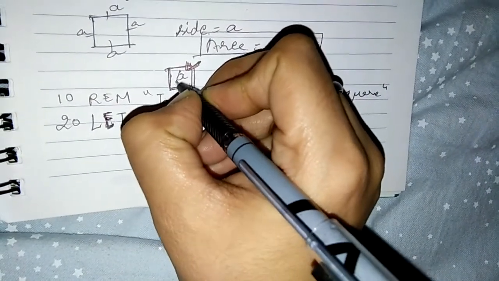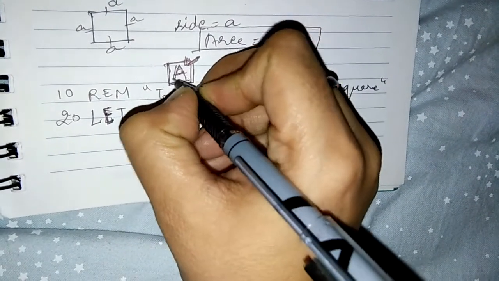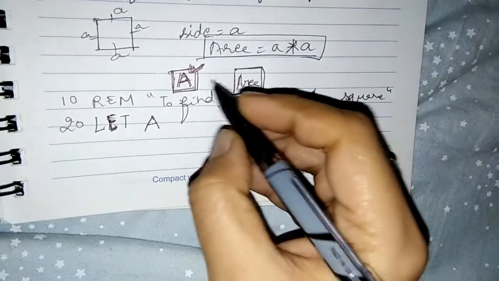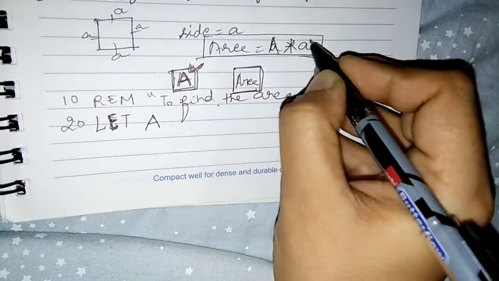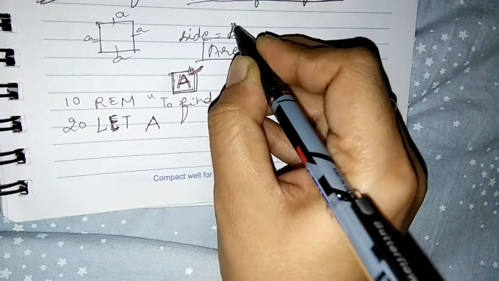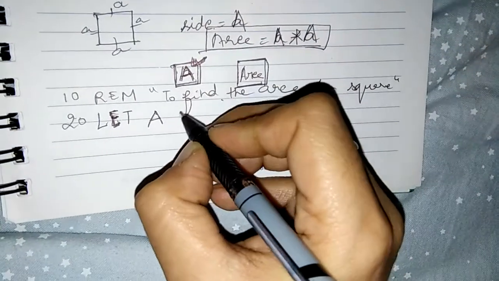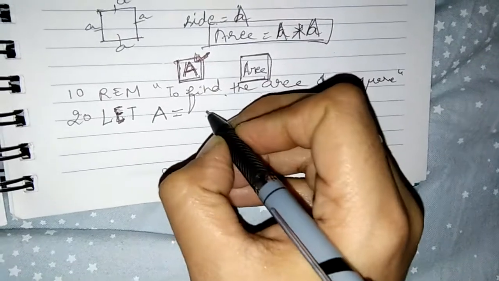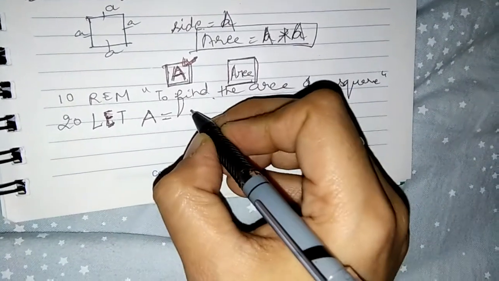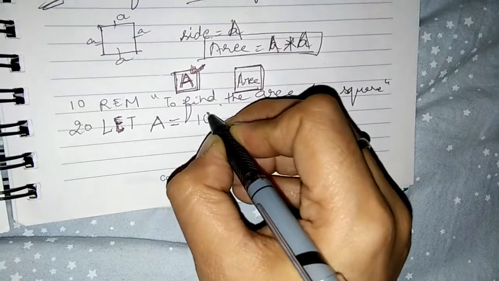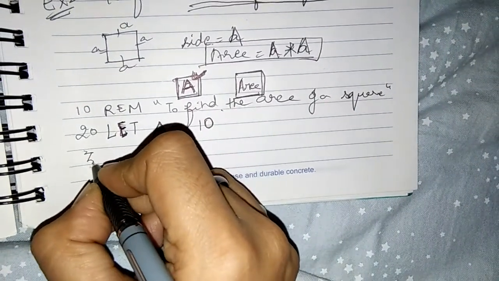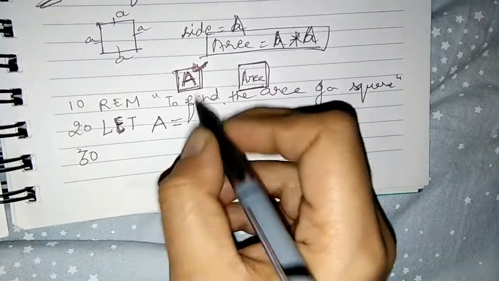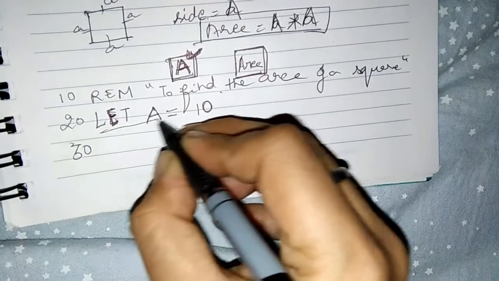We generally use capital letters in the BASIC language, so I'm using a capital letter A instead of a small letter a. That is not a problem, but in general we take capital letters. Suppose LET A is 10. I'm taking 10 centimeters, 10 meters, whatever I want. The side I have initialized. This is known as initialization.